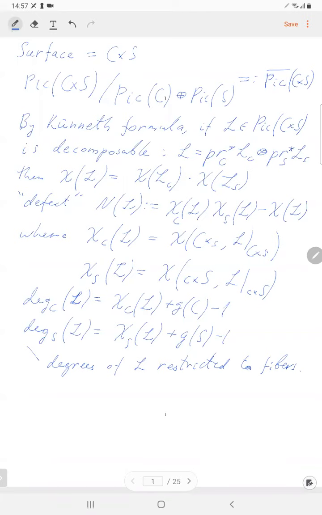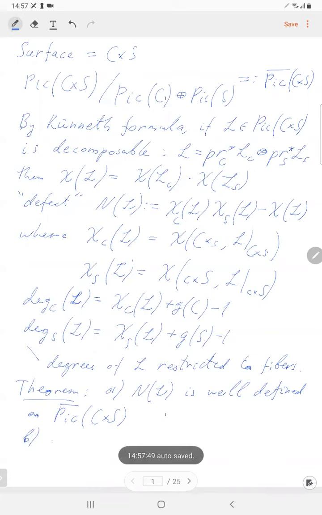Okay, so these were definitions from the last time, and now the theorem we're going to prove is that first of all, this defect N of L is well defined on the quotient group, modulo decomposable invertible sheaves. Second, it is always non-negative.